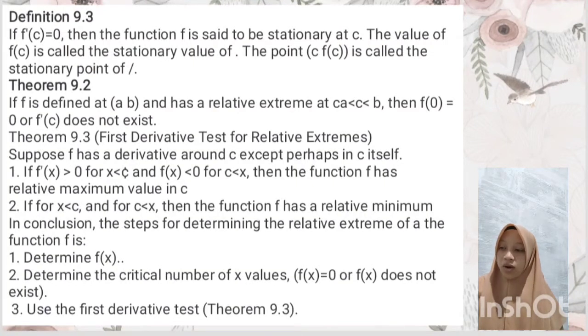The value of f(c) is called the stationary value, and the point c is called the stationary point. Theorem 9.2. If f is defined on (a, b), and has a relative extreme at c, a less than c less than b, then f'(c) is equal to 0 or f'(c) does not exist.